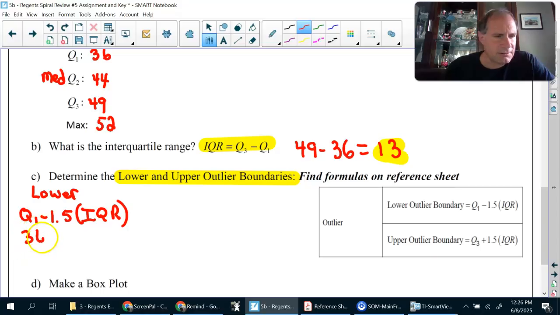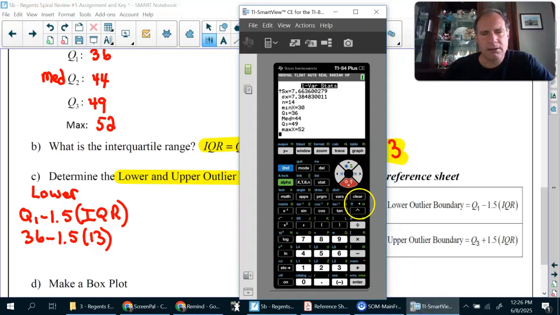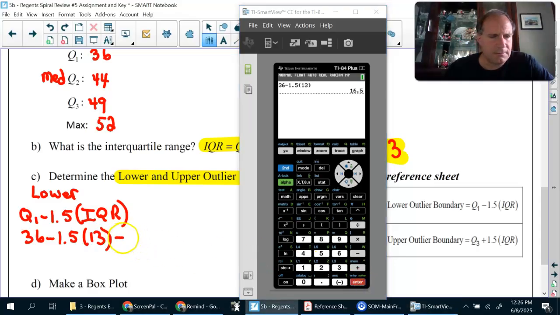So 36 minus 1.5 times the IQR, which we already figured out, which is 13. Now you grab your calculator and you clear everything out, go to the main page, press 36 minus 1.5 times 13. And it is 16.5.